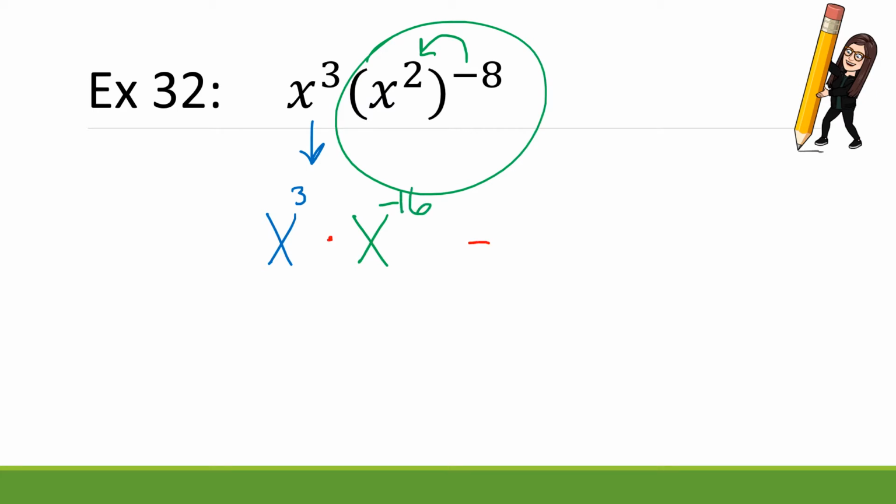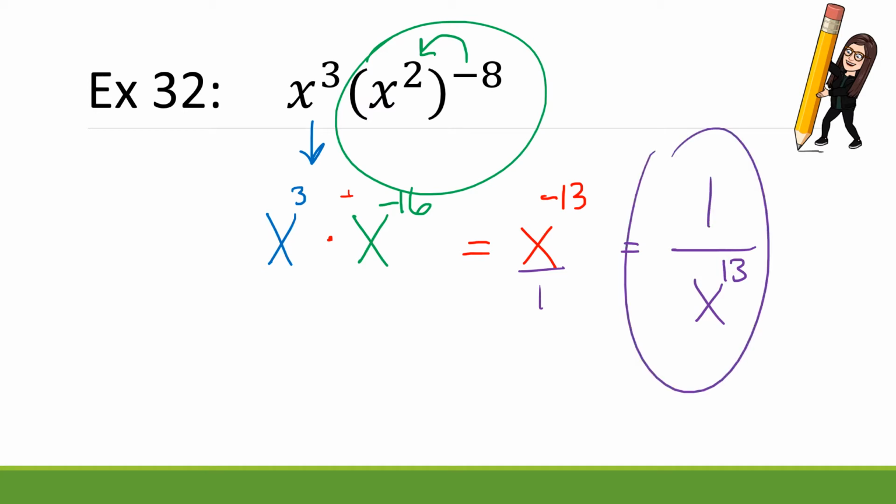Next, I'm multiplying like bases. When you multiply like bases, you add their exponents. And the last rule says we can't keep things negative. We can't have a negative exponent. So if it's currently a numerator, we're going to kick it to the bottom and make it a denominator to make it positive.